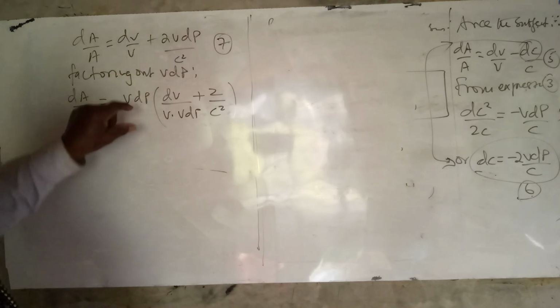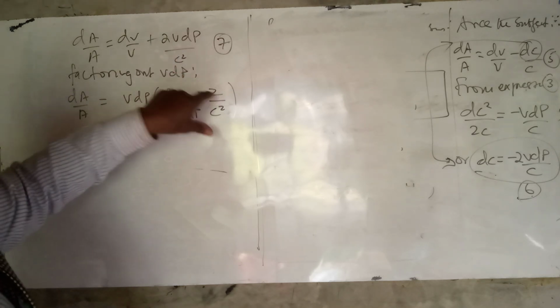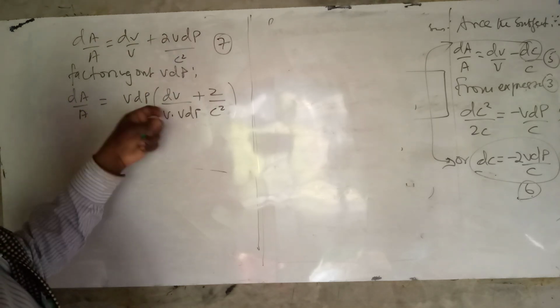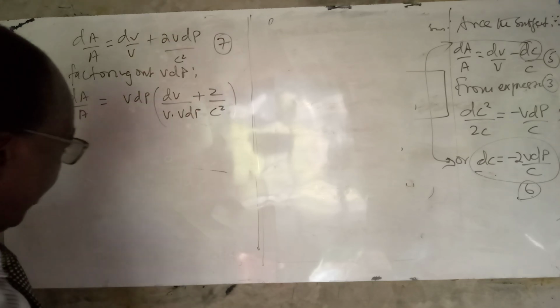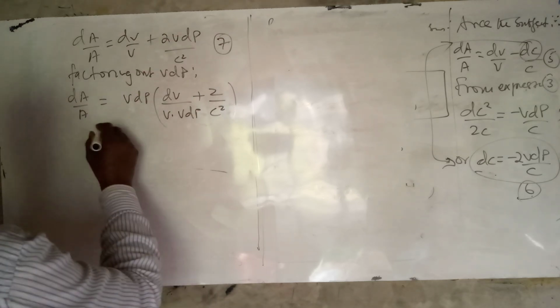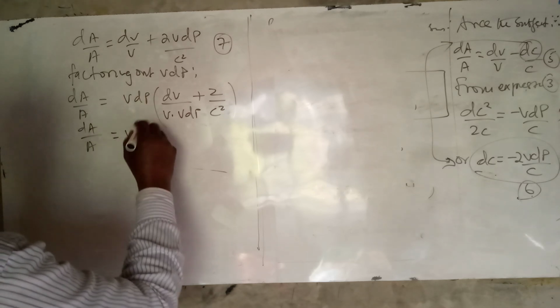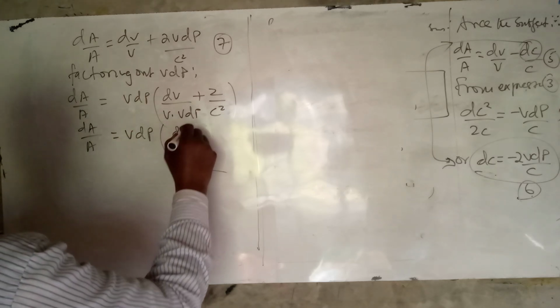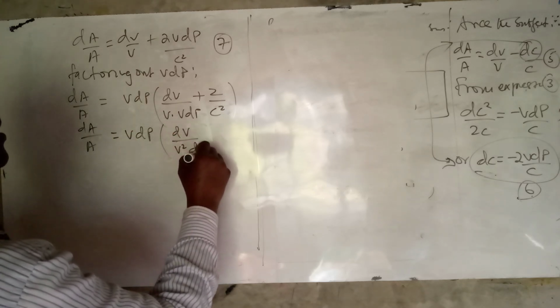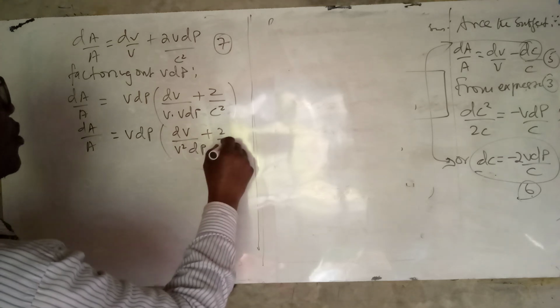When you factor it out, if you cancel this and multiply this out, you get that bracket. That will cancel that, that will multiply that, and you get that particular expression. So we have dA over A is equal to VDP into dV, V squared dP plus 2C squared.